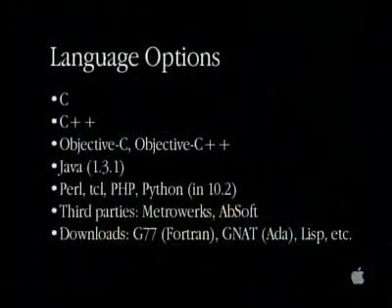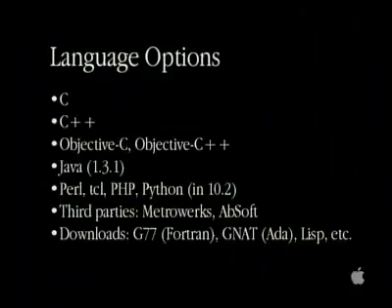Okay, so we'll cover a little bit about languages. We have, of course, C. We have C++. We have Objective-C, and we have Objective-C++. We have Java. This is based on Sun's Java 1.3.1. And there's a full set of the command line tools, Jikes and so forth, that you can run. We have a number of interpreted type languages.